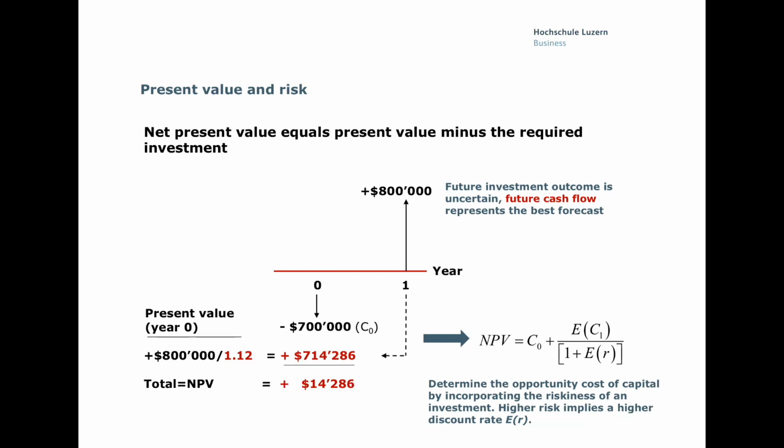A higher risk implies a higher expected return, ER, and means we have to use a higher discount rate. Discounting the future cash flows with the rate of return required for a stock market investment implies the present value of the investment project decreases to $714,286.